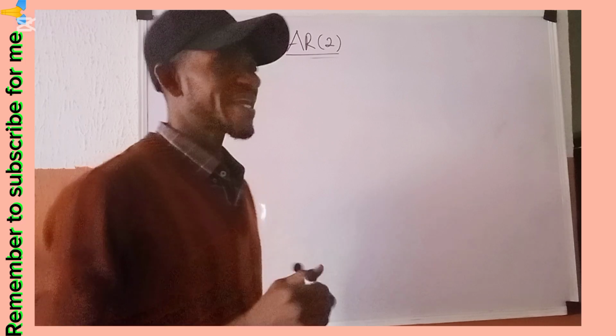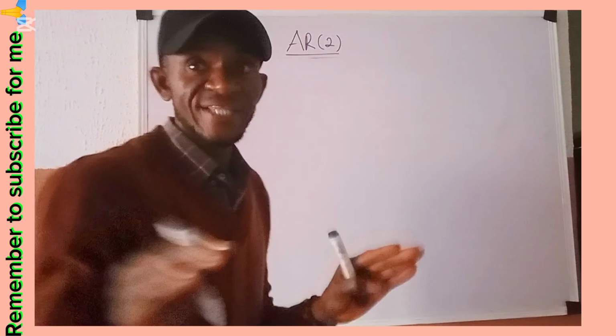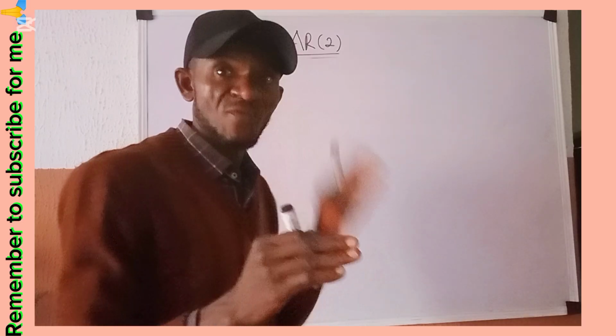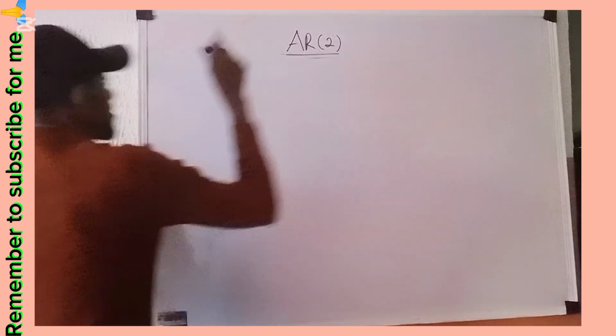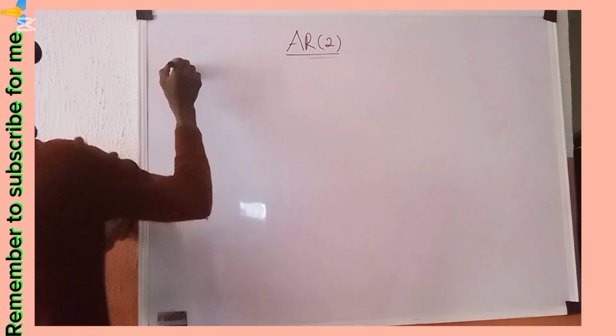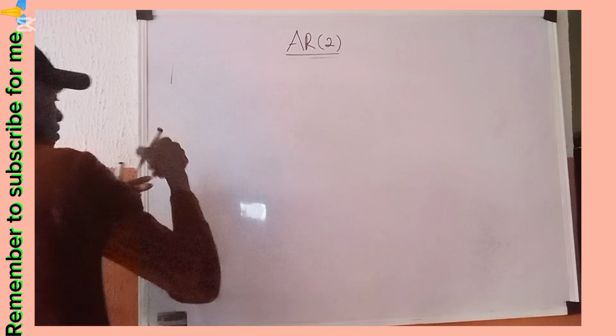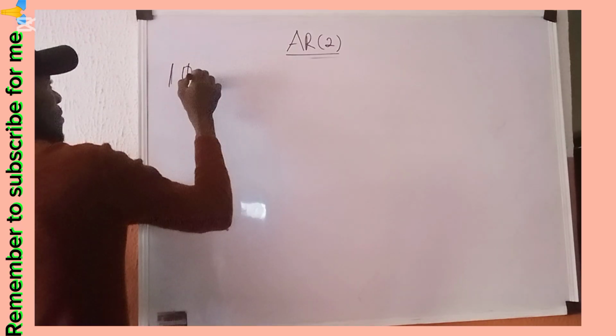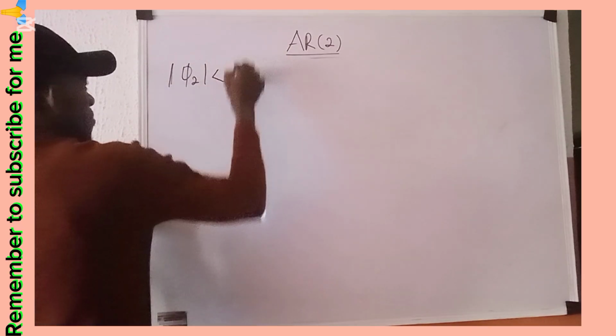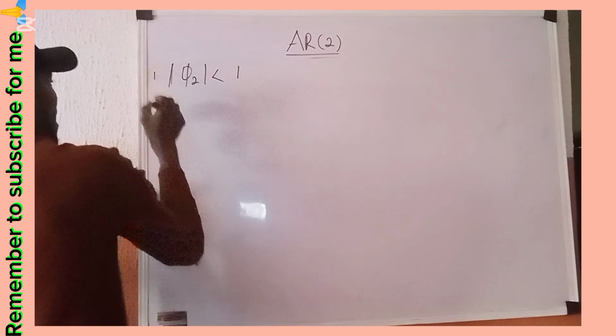So in that case, let me talk about the stationarity condition in terms of what? Of the parameters. The AR of order 2 model is said to be stationary if we have that the absolute value of phi 2 must be less than 1. That is number 1.